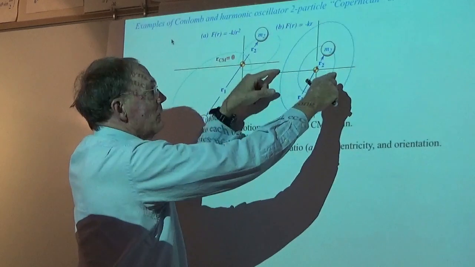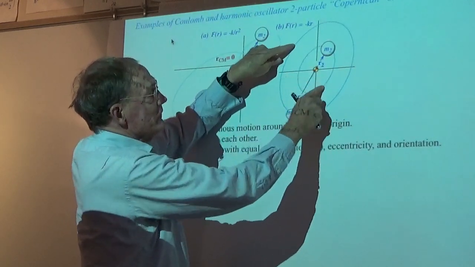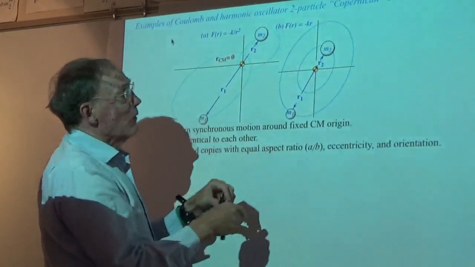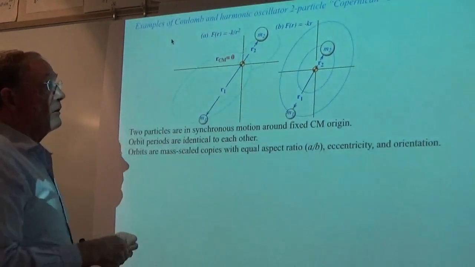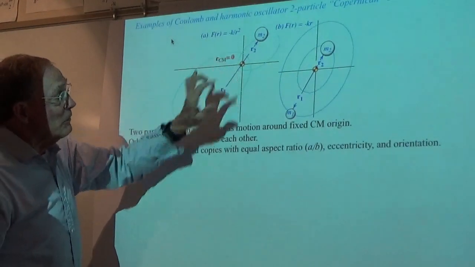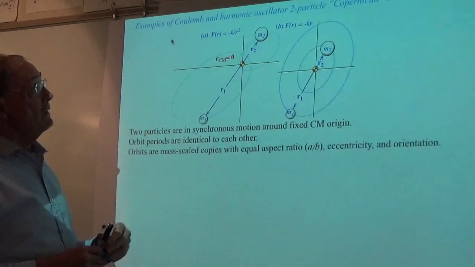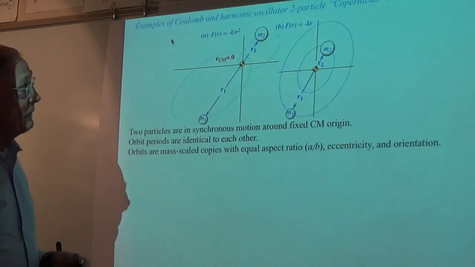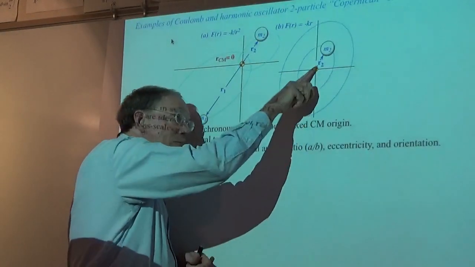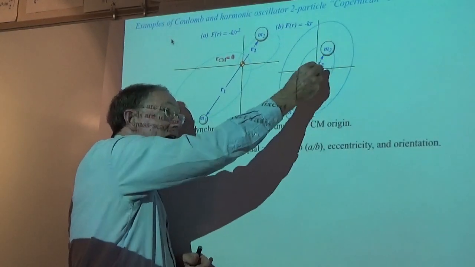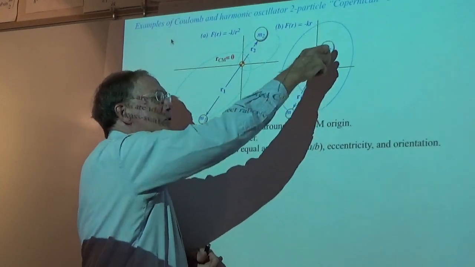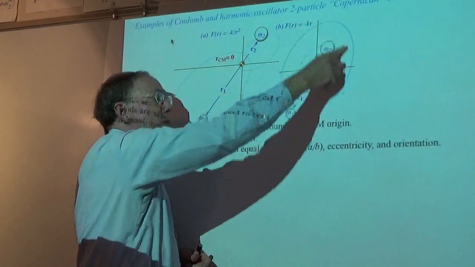So they'll always be keeping the center of momentum from moving, and orbit in ellipses that are one inside the other. Here they overlap because the focal point, instead of the center, is where they feel the force coming from. So they're feeling a force from each other, but it's this guy on the other side of this point. This guy says, hey, I've got somebody here that's subtracting me, and doesn't see the other one, but that doesn't make any difference.